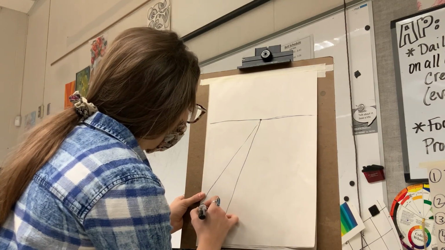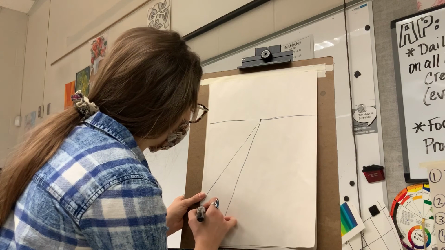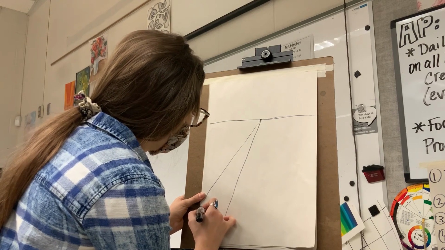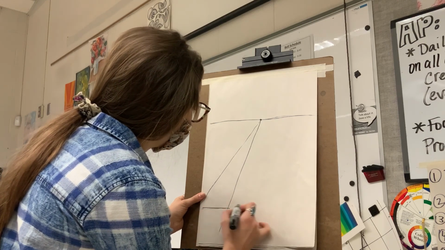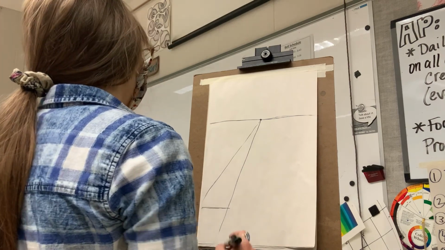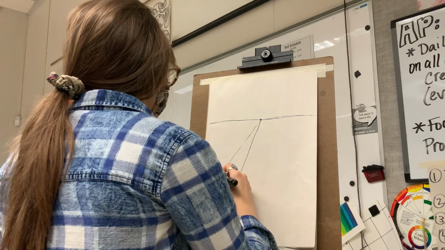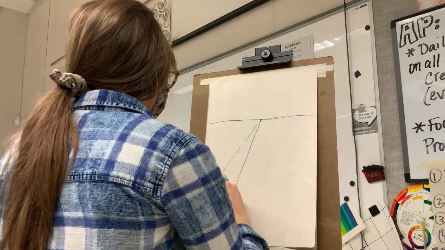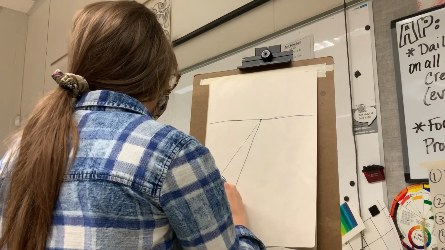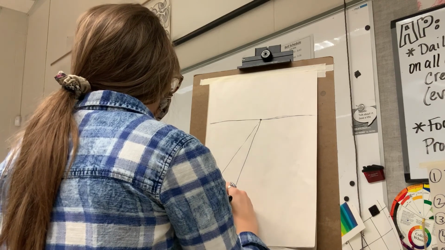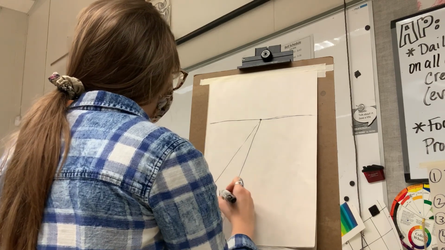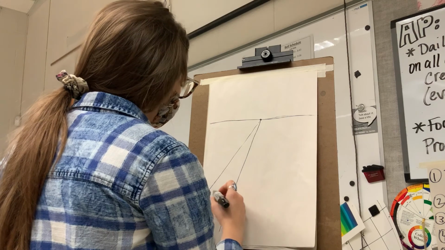So maybe all my horizontal lines are going to stay horizontal for this. So I'm thinking that for the top of my house, this would help me to create some depth and space.